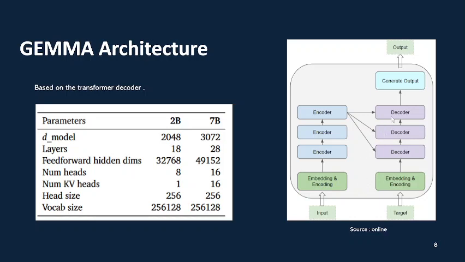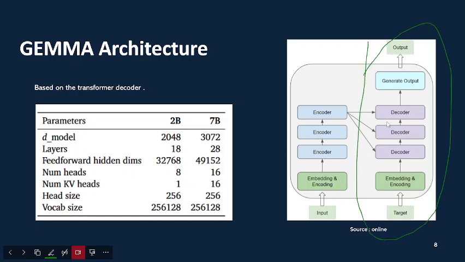But the Gemma architecture depends only on the decoder of the transformer, if I annotate this, they are just based on this. The transformer has both encoder and decoder, so only the Gemma has the decoder part.